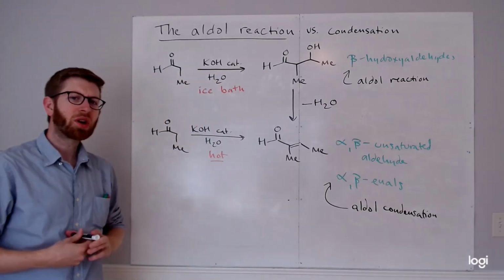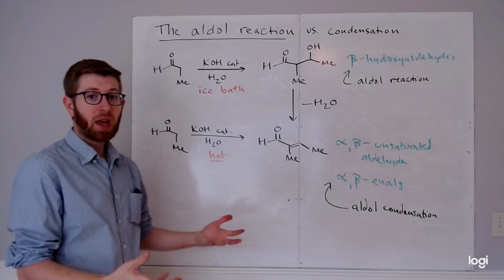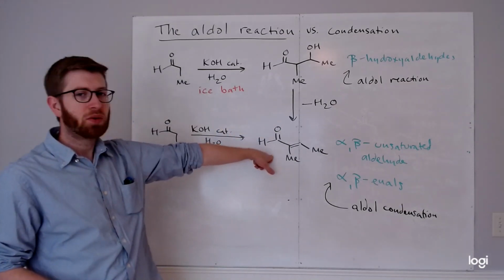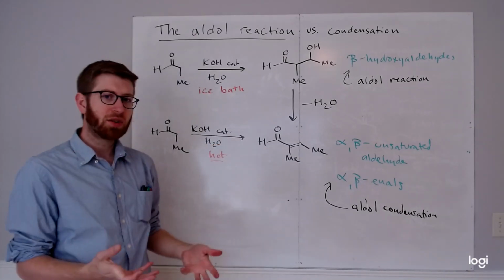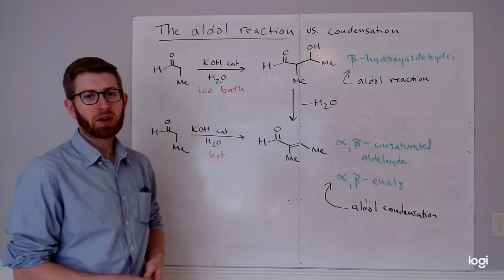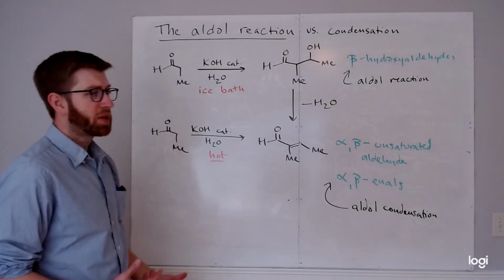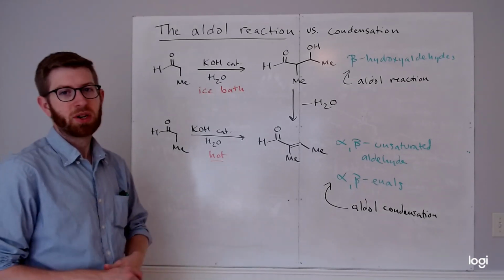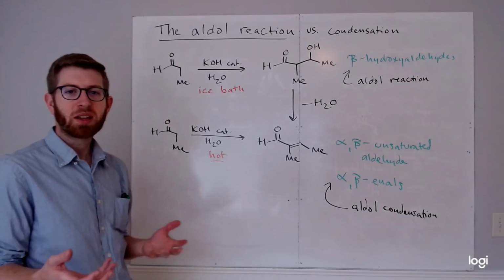I'm not exactly sure how that's happening mechanistically yet, but that seems to be the formal or the net kind of structural change going from the beta hydroxyaldehyde to my alpha beta enals. And so condensation means removal of water from a structure to form a double bond. And that's exactly what we're seeing here. And we'll see other condensations. In fact, you have seen other condensations. Sometimes we call imine formation from carbonyls an imine condensation, because we're making a new CN pi bond and losing a molecule of water.